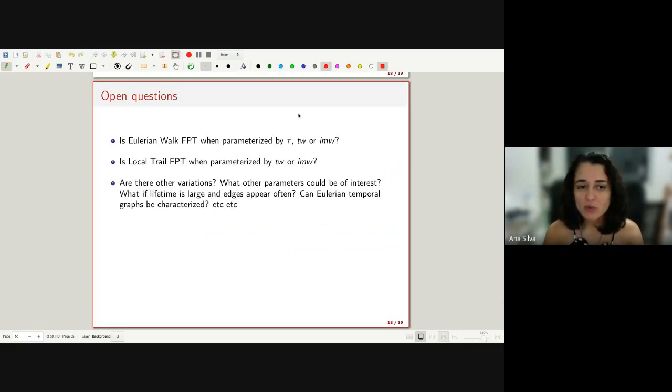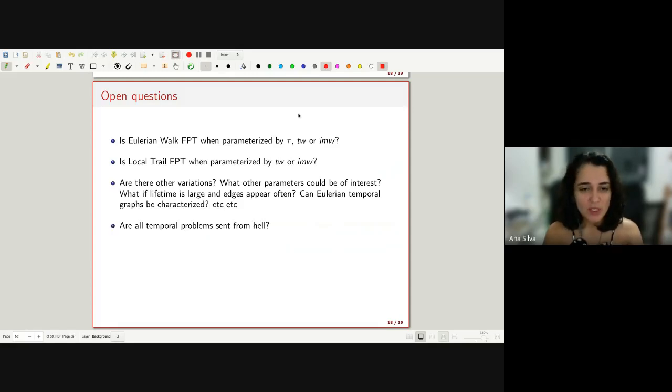Also, can you characterize the Eulerian temporal graphs anyway, even if the characterization would not give you a polynomial time algorithm, but maybe there is a nice structural characterization here. I don't know. So I think there are still many other questions that you can pose here.